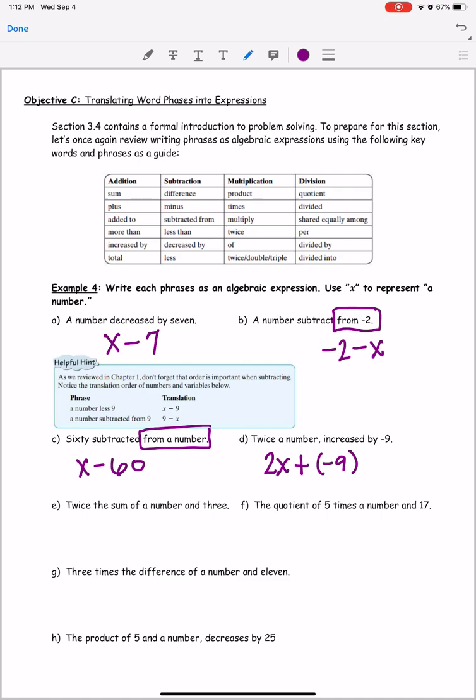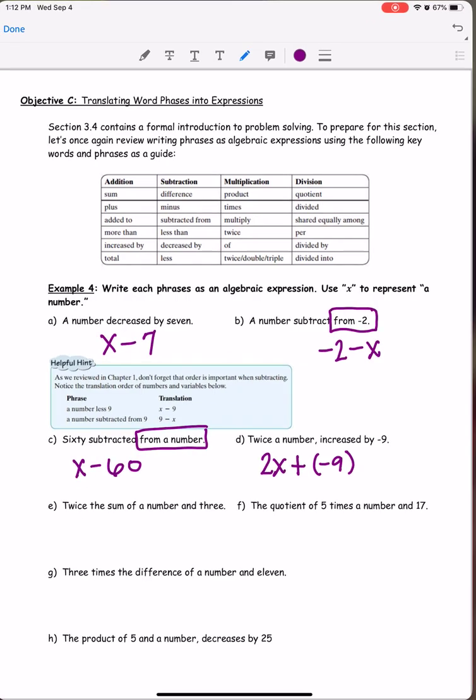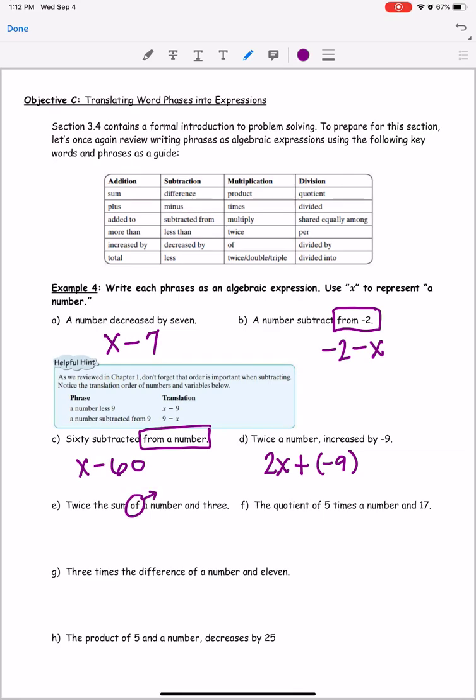Down here, these get a little trickier. On E, twice the sum of a number and 3. When you see this word here, of is sort of your hint for parentheses. Just like from means that's where you're starting, when you see of, that means parentheses.